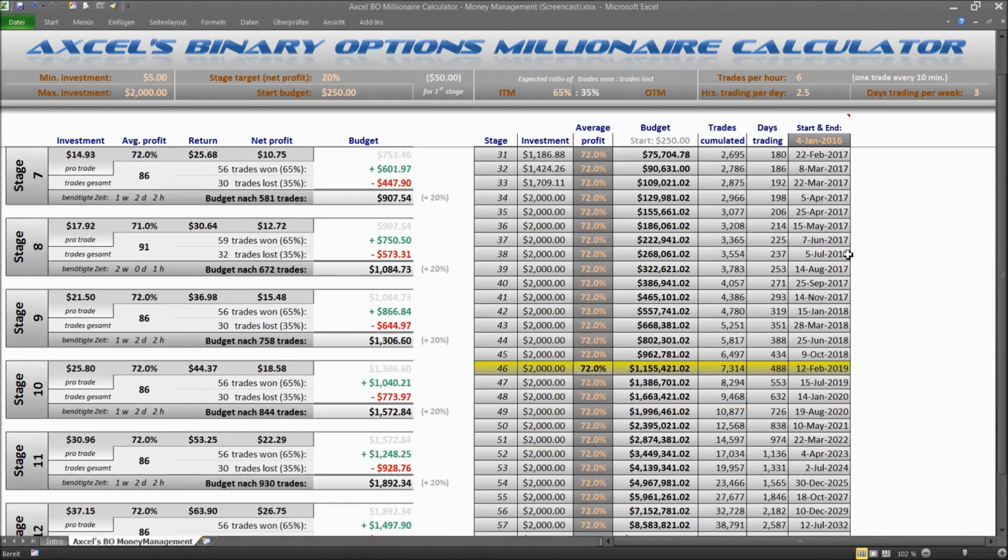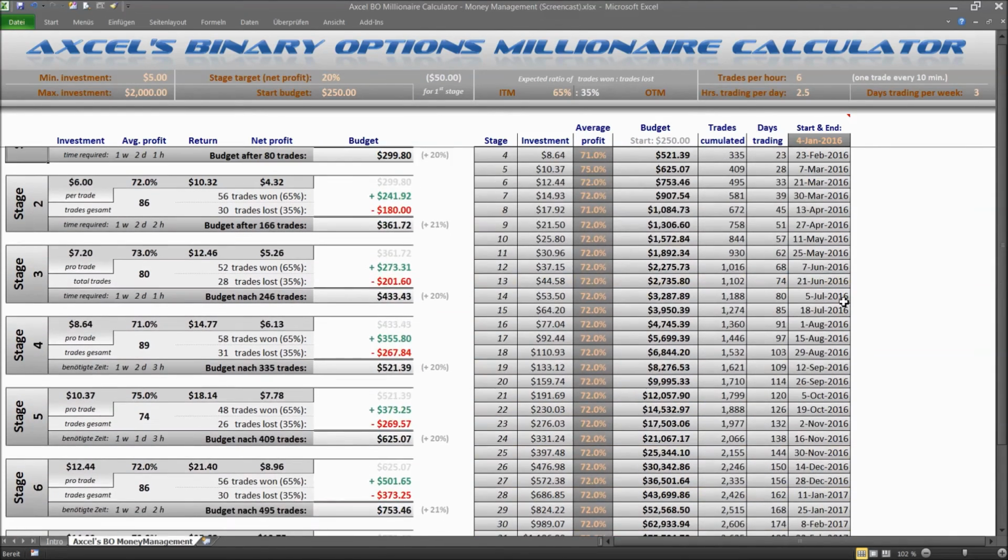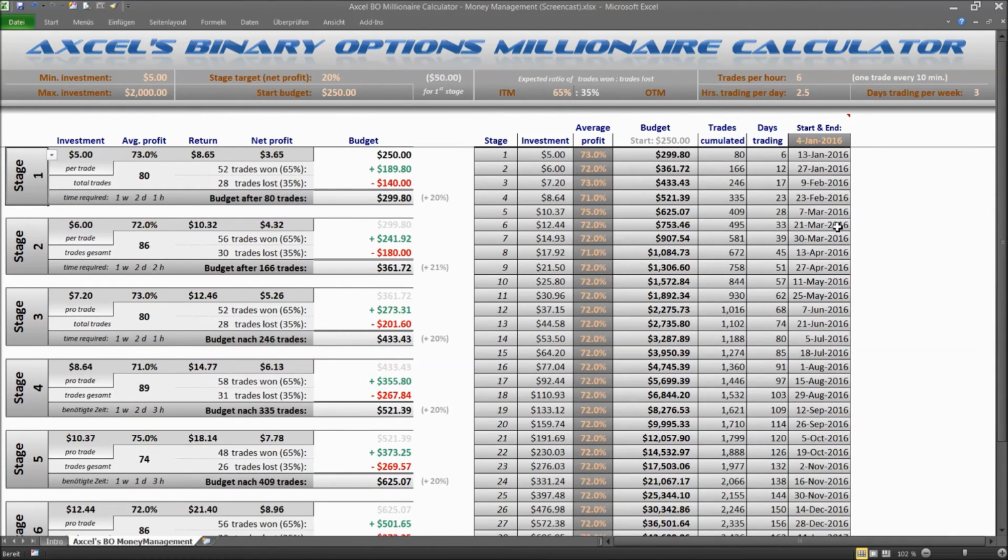And if we scroll down, then we can see that there is actually some time involved here in achieving that $1 million goal. And as I said, this is only a rough calculation. The calculation is based on working days, but it's not looking at holidays.